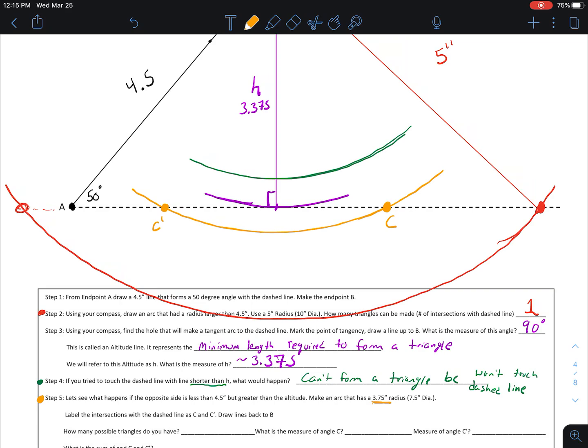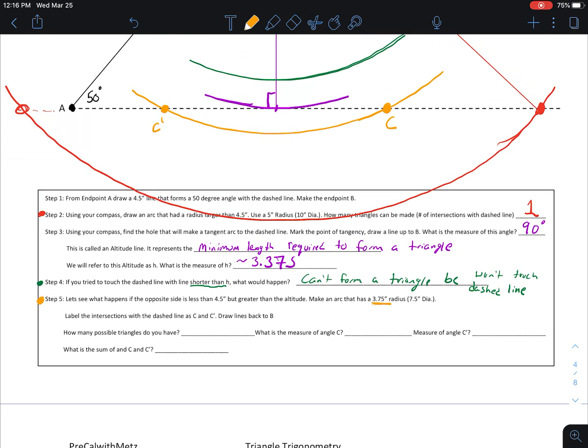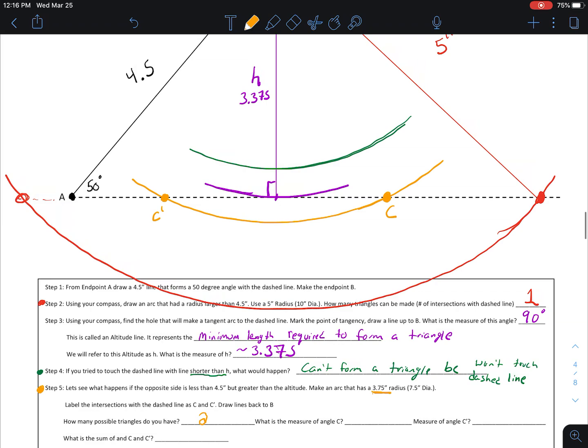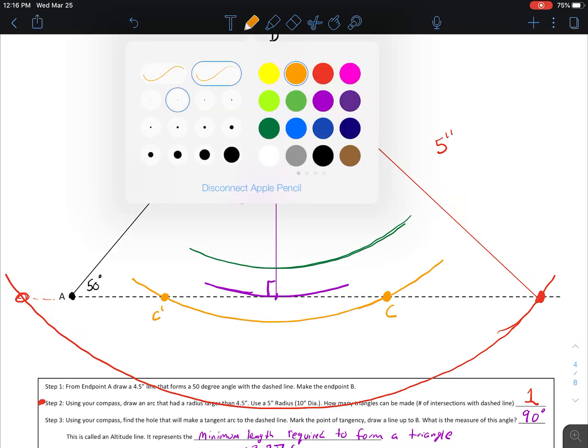And so the number of possible triangles we have, where we have 2 locations for corner apex C in this triangle. We have 2 possible triangles. And so I want to know, what would the measures be for C and C prime? Well, one possible triangle here is going to be the triangle that is formed.